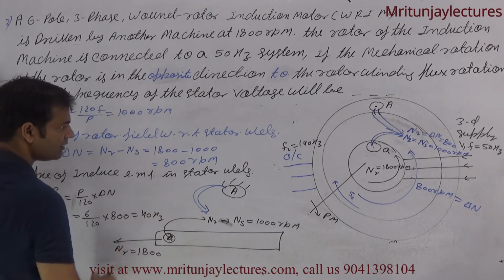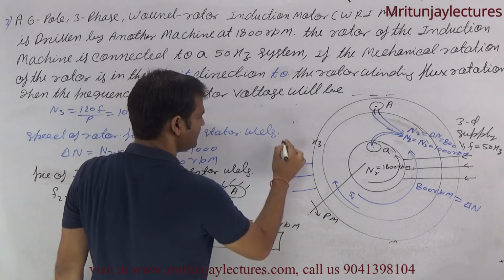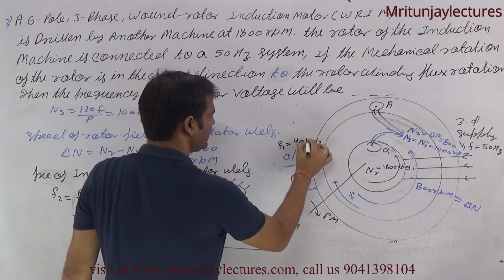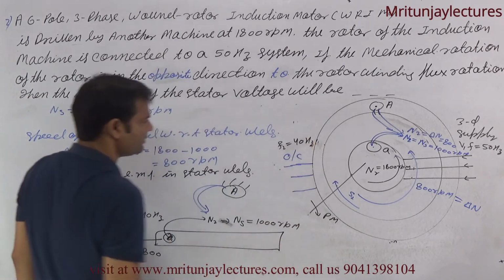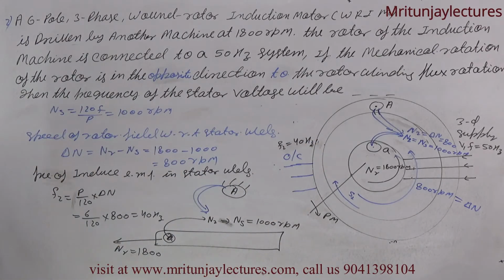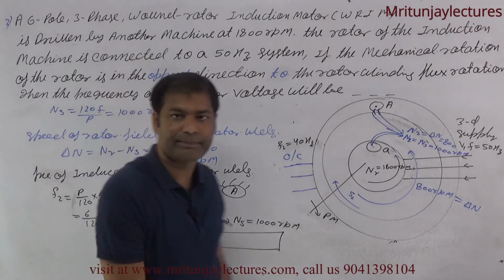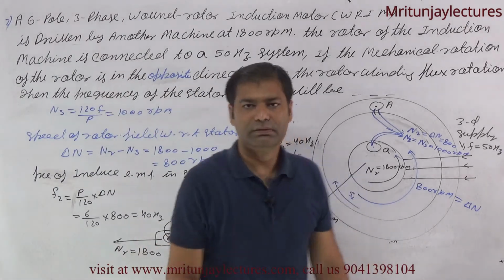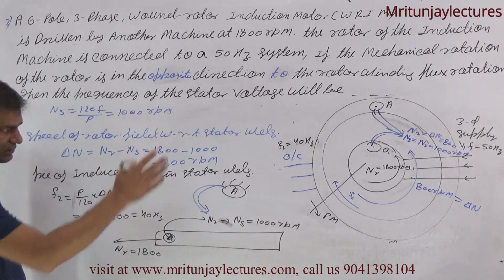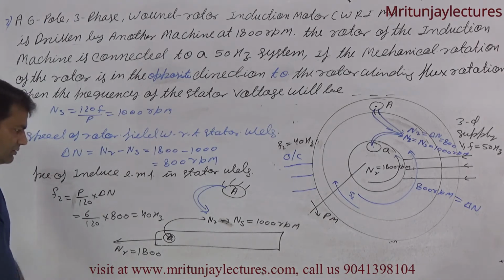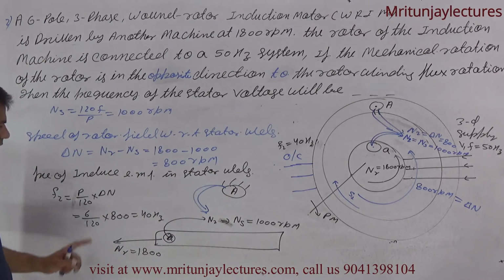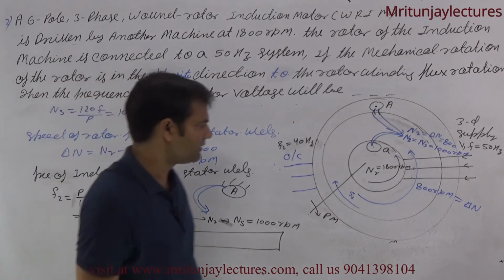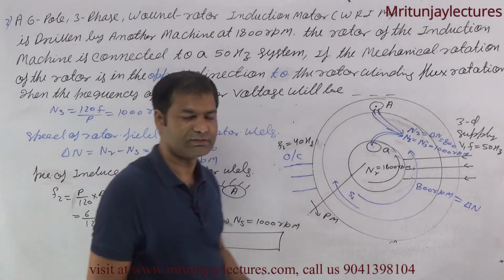Clear? Sorry, this one is 40 hertz. Corresponding to this condition, we got a frequency of 40 hertz. Clear? If any doubt, make a linear diagram of the induction motor. Okay, clear? So the frequency is like this one, and the relative speed is like this one.